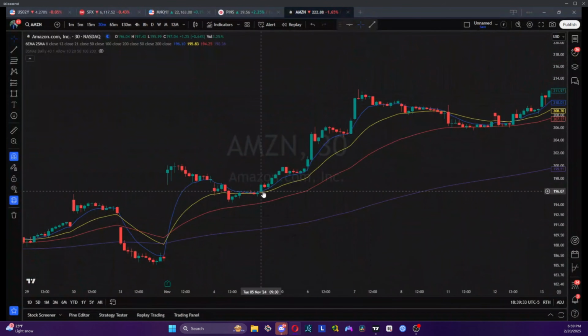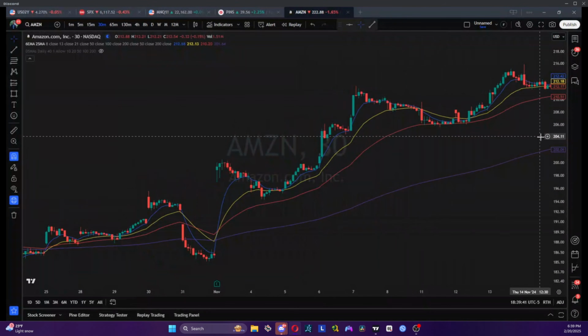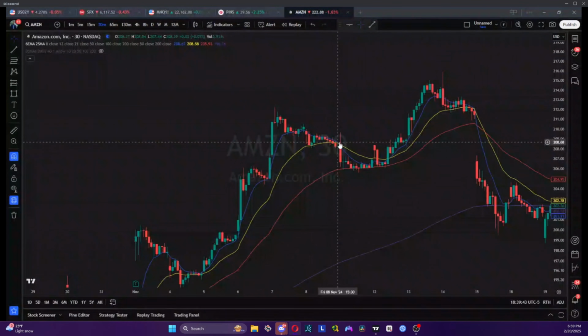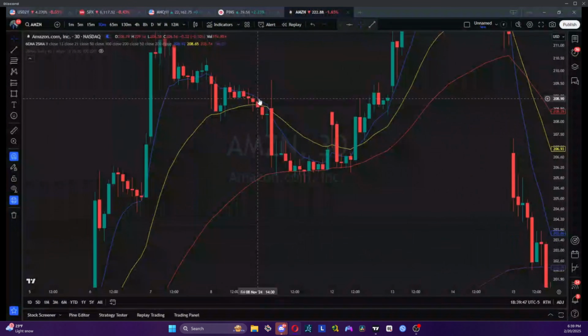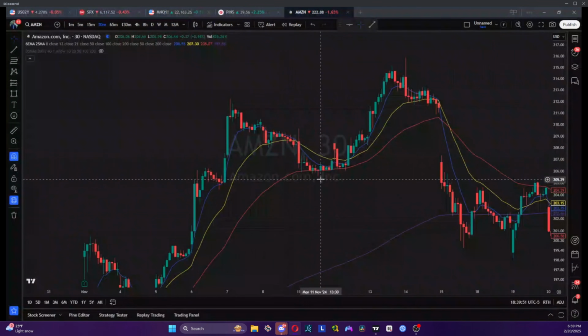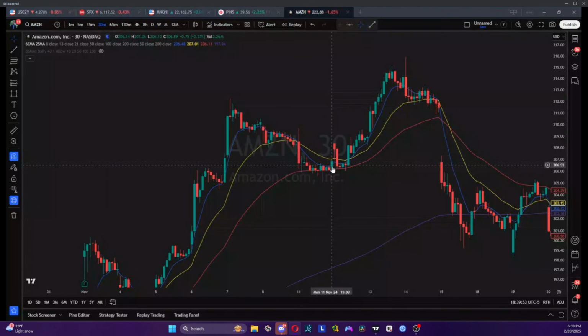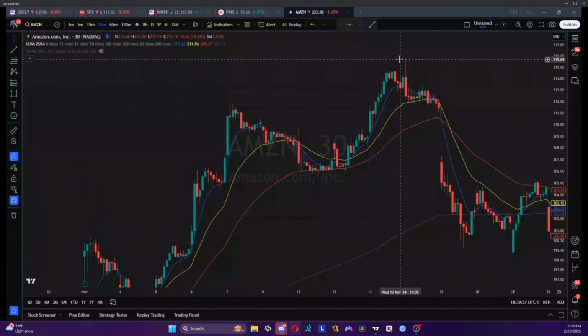And look at the 8 EMA, we never broke below the 8 EMA, ever, up until we did. And notice that when we did, there was a crossover over here, but we still held the 50. We never had a directional change to the bearish side. It held the 50. And then guess what? We had another explosion to the upside.